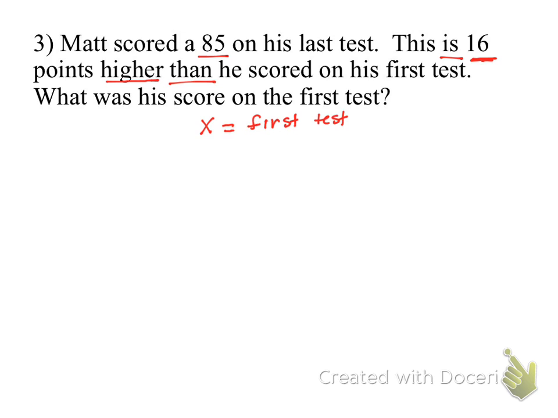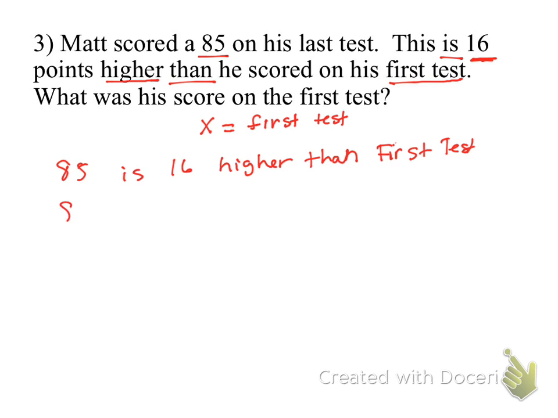Higher than, very important. And first test, right? So really it's 85 is 16 higher than first test. You don't have to do this every time. I want you to just find it, but right now you should do it.